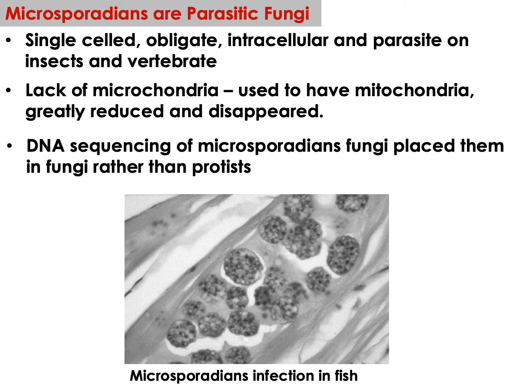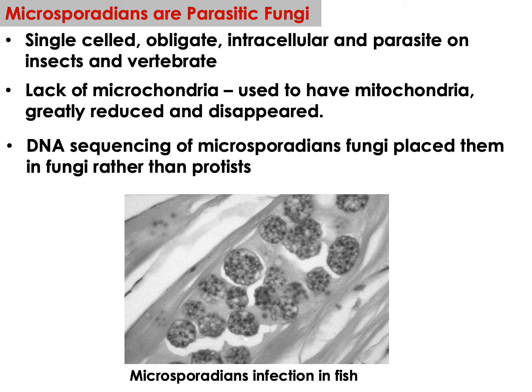They are obligate intracellular parasites on insects and vertebrates. They lack mitochondria; they used to have mitochondria, but they are greatly reduced and have disappeared. DNA sequencing of Microsporidia placed them in fungi rather than protists.